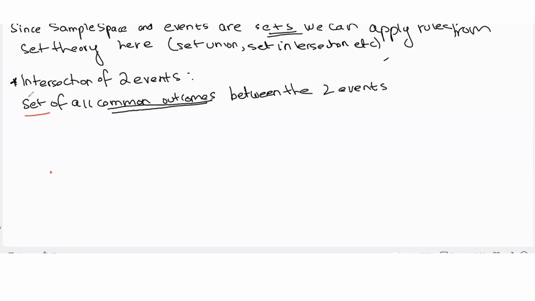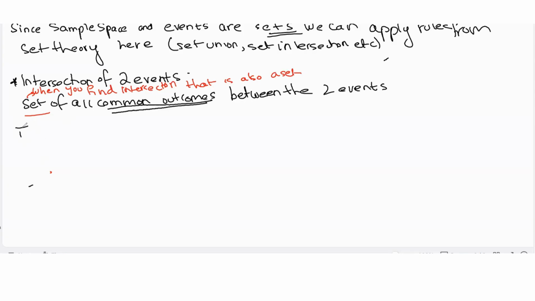Events themselves are sets, and when you find the intersection, you get another set.